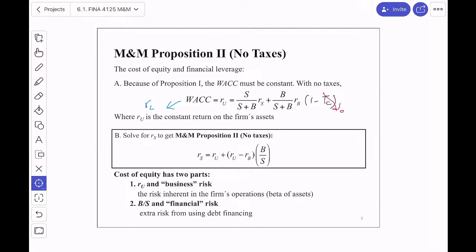And this is the WACC with that equal to 0, with the taxes equal to 0. And this return would be constant on the firm's assets.